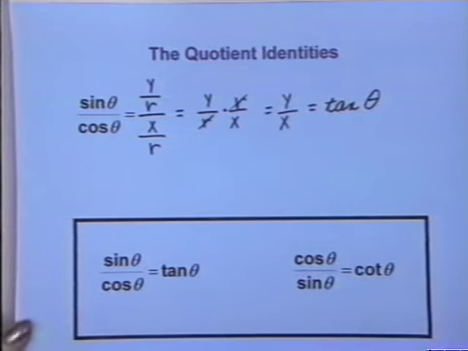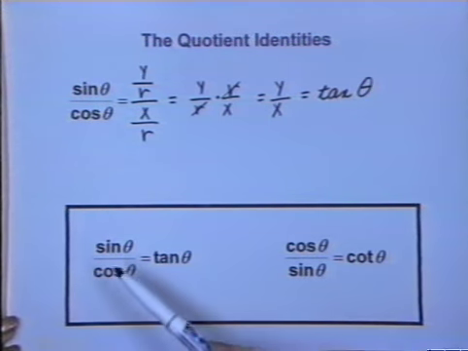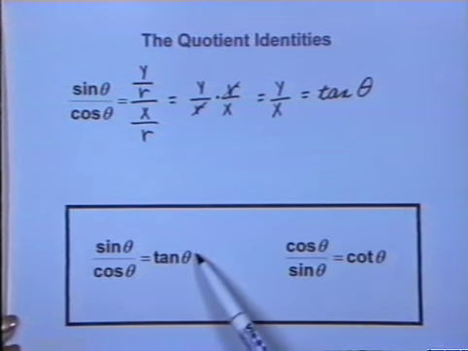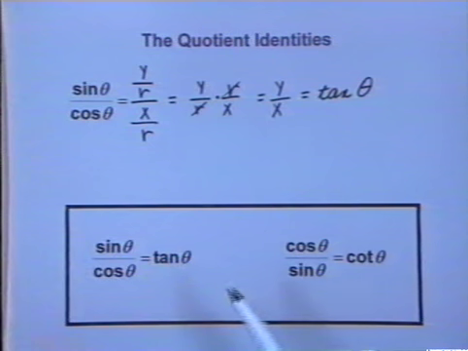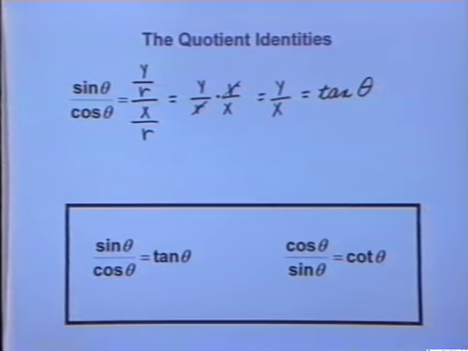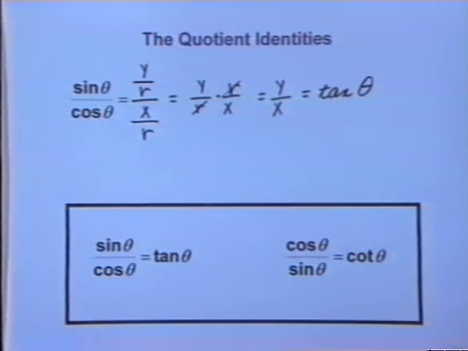So these are our two quotient identities. Be sure that you write those down. There will be times when you will see the sine of theta divided by the cosine of theta, and you'll replace it with the tangent of theta, and there will be times when in place of the tangent of theta you'll use sine theta over cosine theta. So you will need to know both of these.